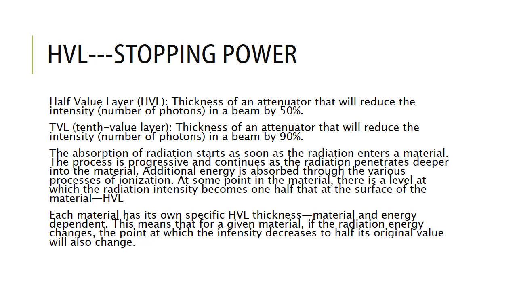Half value layer you can think of as stopping power. Half value layers and tenth value layers are basically a material's effectiveness as a photon attenuator. A material's effectiveness as a photon attenuator is described by the attenuation coefficient. That's basically what an attenuation coefficient is: how capable it is of stopping those photons.